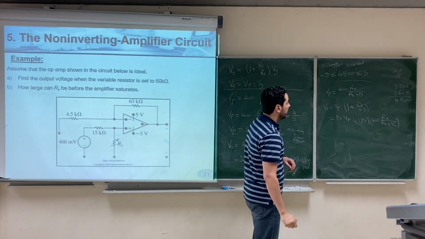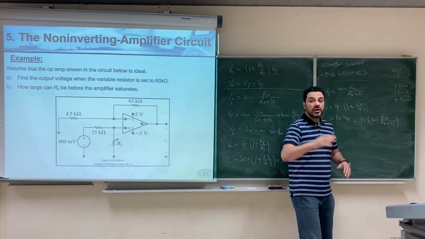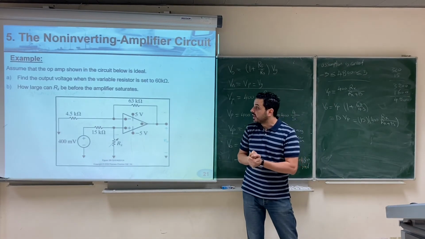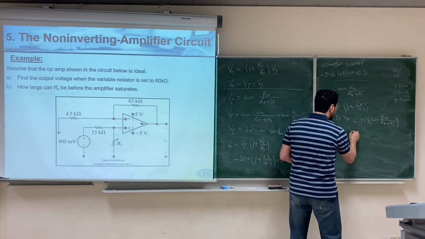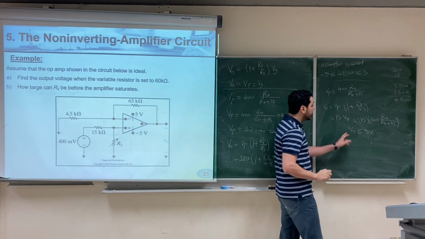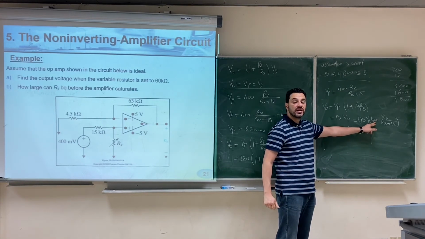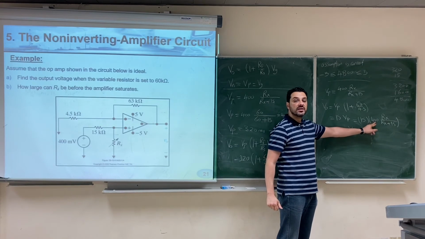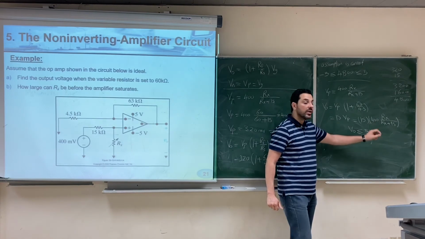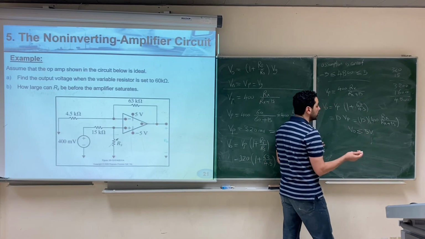Okay? And this is the equation for V output in terms of Rx. So in order for the op-amp not to saturate, we need V output to be less than 5 volt. But take care that we used here 400 millivolts. So the units of the volt here were millivolt. So we need to change it to volt, or we change the 5 to millivolt.